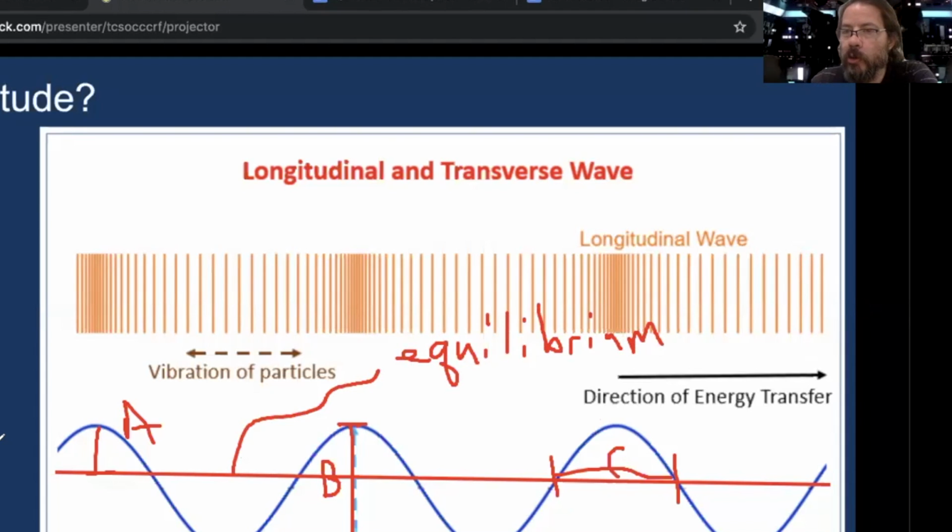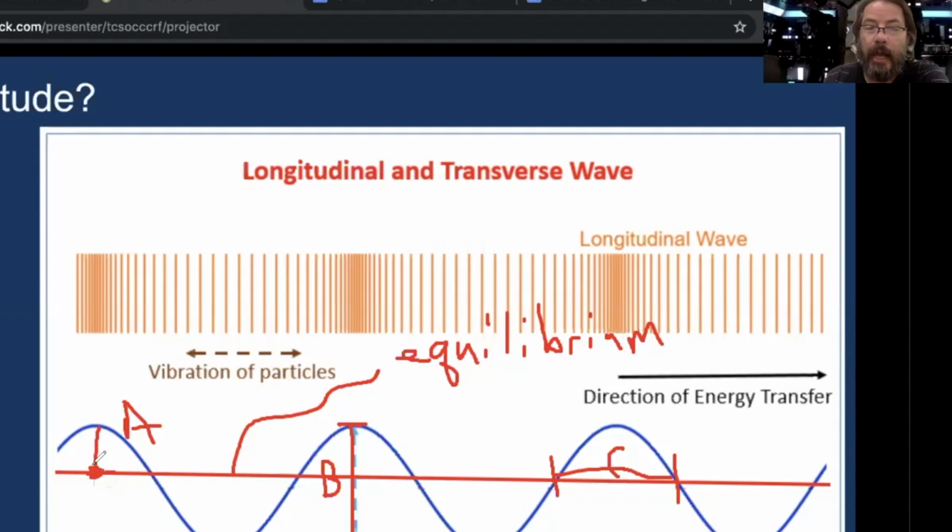So using the jump rope analogy, if I have a jump rope, before I send the pulse or start shaking it and make the snake, and make the humps go down the rope, the equilibrium point would be the resting point of the wave. So where is it at rest? Well, the resting point is in the middle.